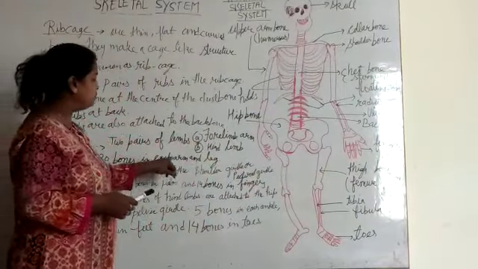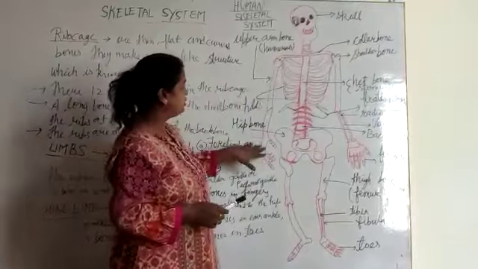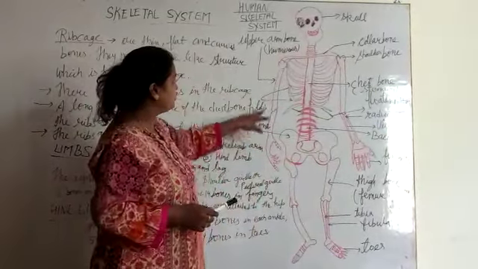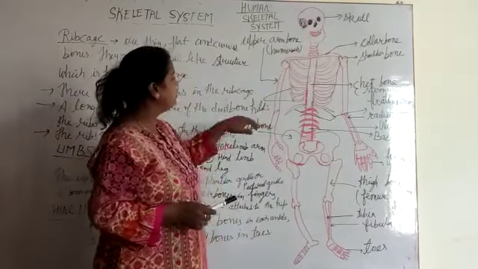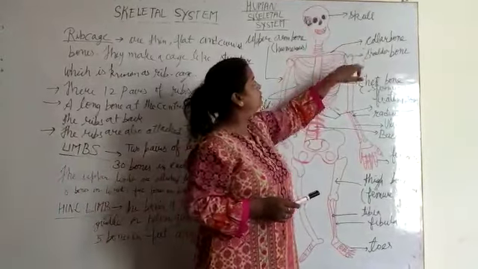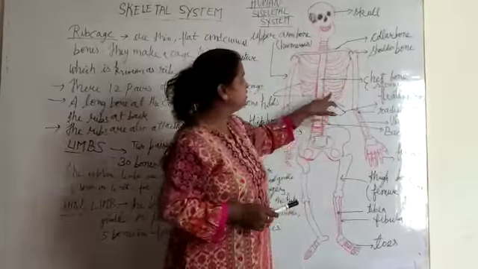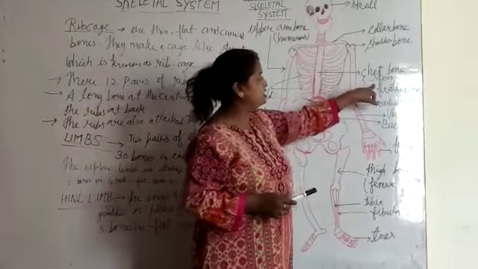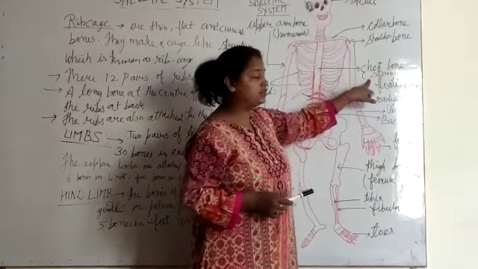Now there are 30 bones in each arm and leg. Clear? This is the longest bone, called the humerus, the upper arm bone. And this is the collar bone. This is the shoulder bone. This is the chest bone, also called the sternum. Clear?